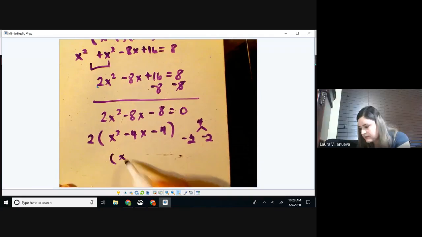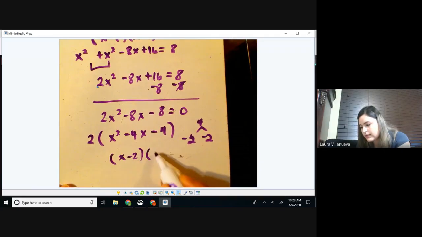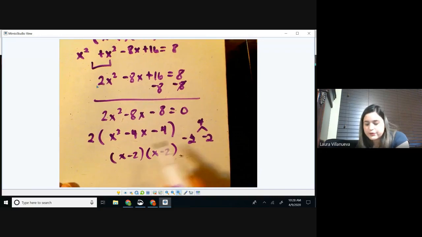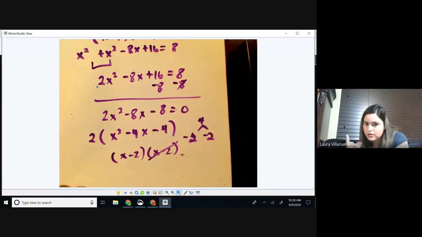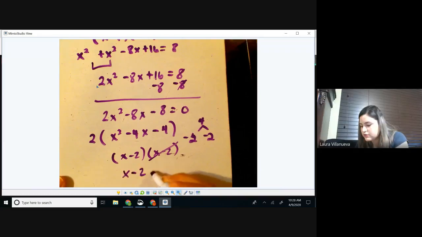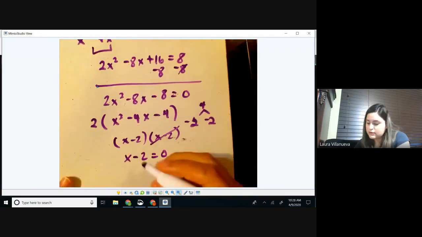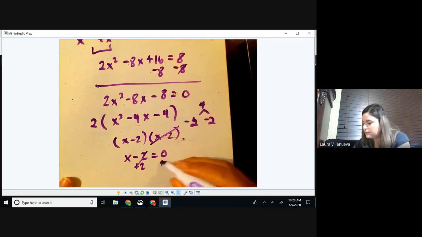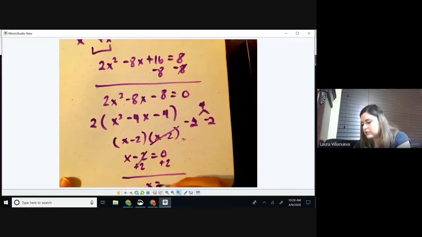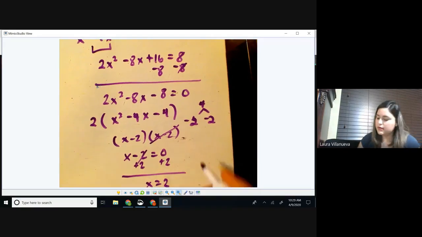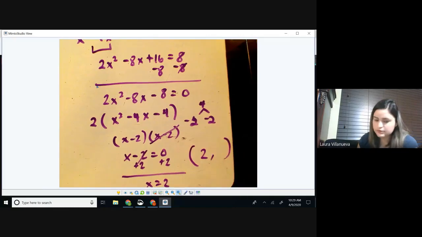So x minus 2 and x minus 2. Since they're both the same, I'm only going to use one. There's no need to use both. x minus 2 is equal to 0. So then I add 2. x is equal to 2. So I have found my x.